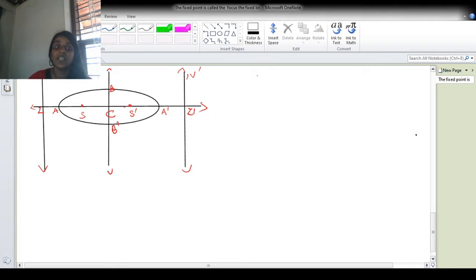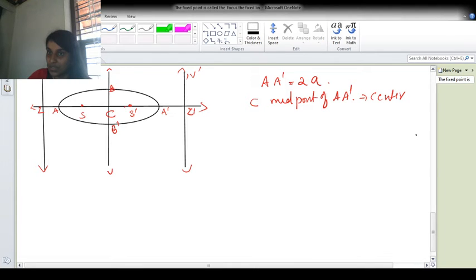A dash A is the line segment of the major axis, and C is the midpoint of A dash A, that is called the center.